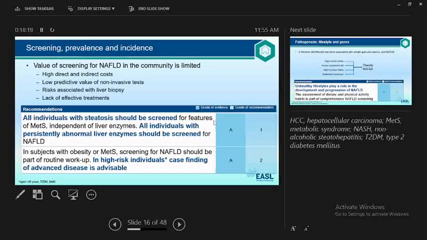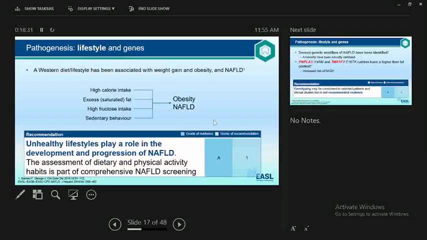So the value of screening for NAFLD in the community is limited, as I told you. However, all individuals with steatosis should be screened for metabolic syndrome, and all individuals with metabolic syndrome should be screened for NAFLD, since it is well interconnected.